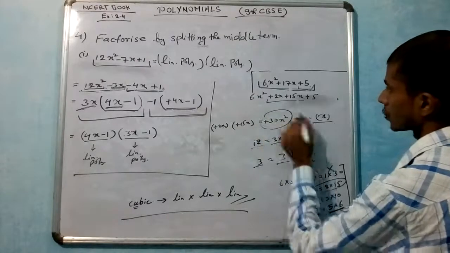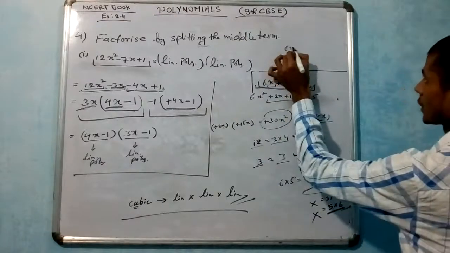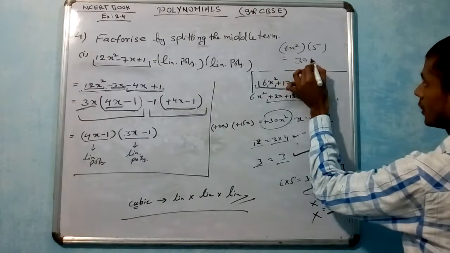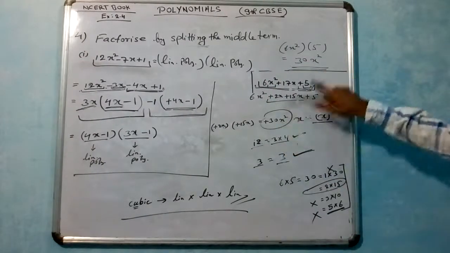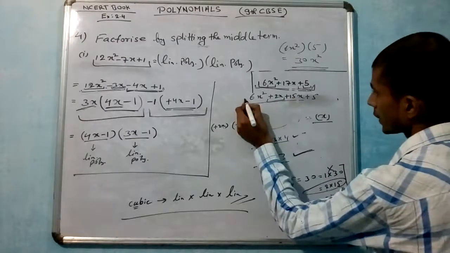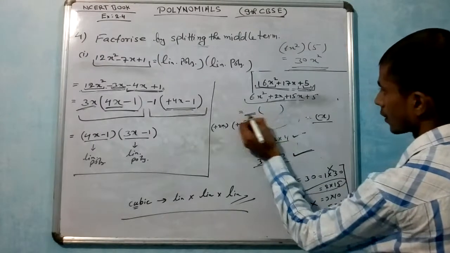So plus 30x square. See, the product of the first term and the last term. What is the first term? 6x square. And what is the last term? 5. So 6 fives are 30x square. Getting it? So like this we can do. And next what we will do? The first two terms, we will take the common things outside and then put under the bracket.